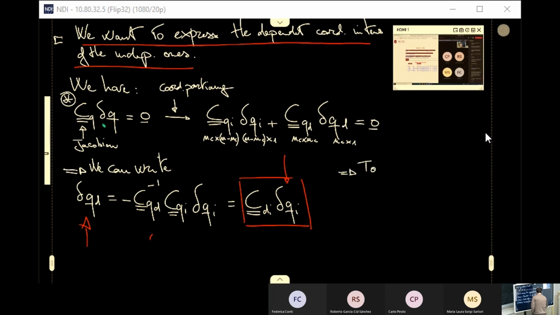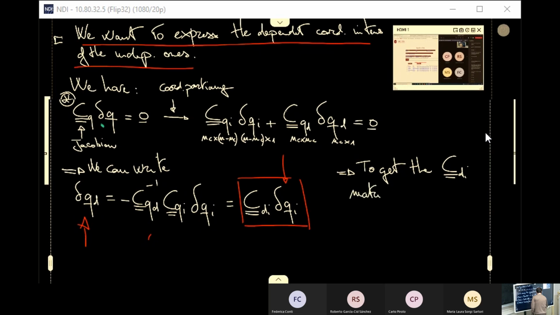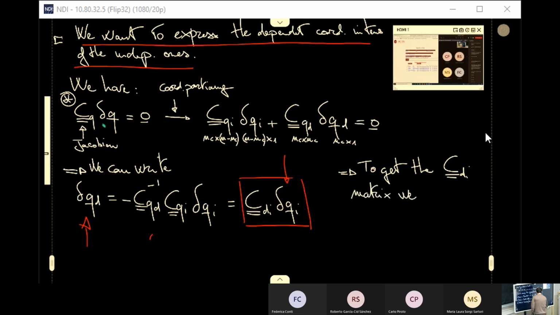So to get the CQ matrix, we have to start from the derivation of the Jacobian.